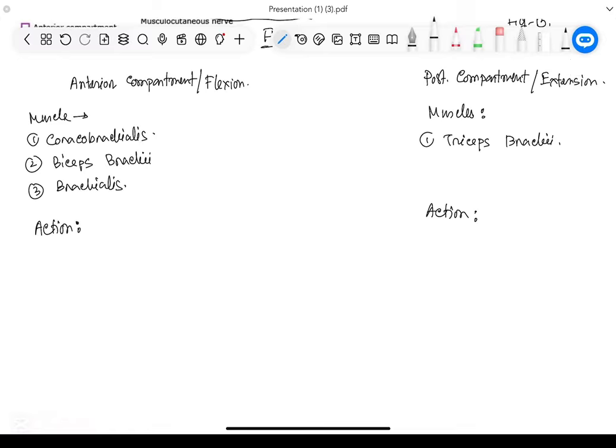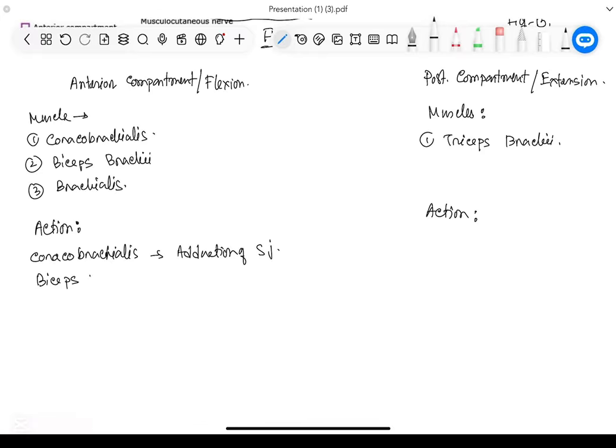Now summarizing all the actions related to the anterior compartment or flexor compartment, let's start first with coracobrachialis. The coracobrachialis will do adduction of the shoulder joint.